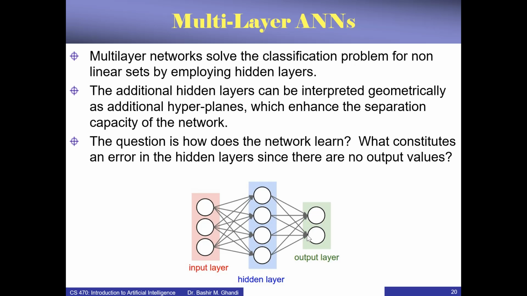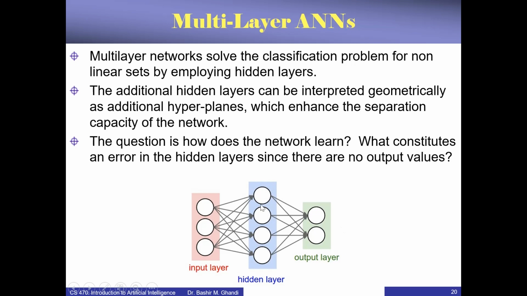Now the question is, how does this kind of network learn? In other words, what constitutes an error in the hidden layers? We know that in the output layer, we can compute the error because we know the expected output. So we just subtract the predicted output from the expected output and square it to get the squared error.